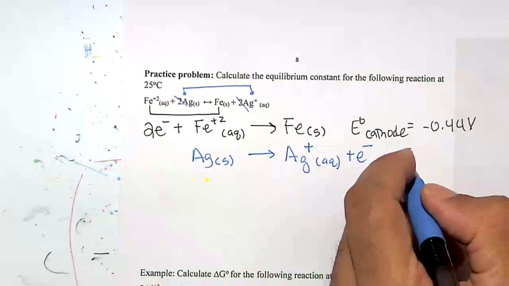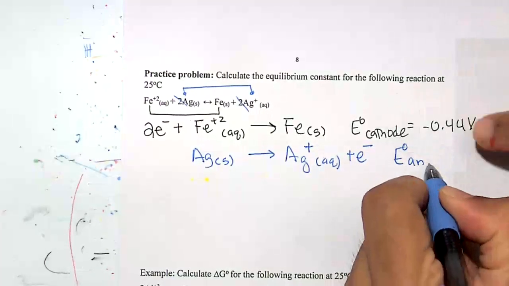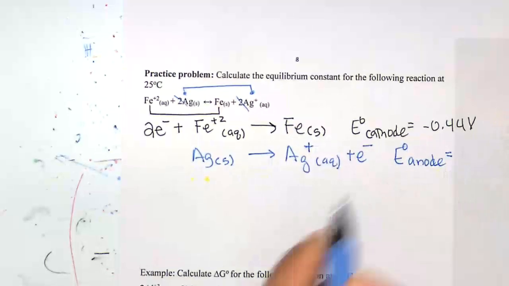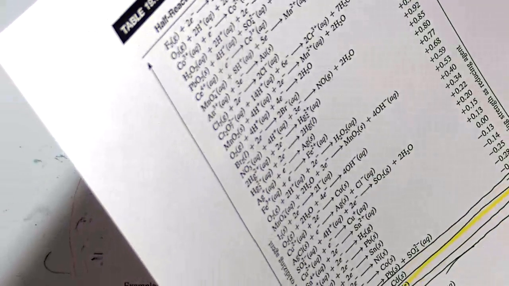Is this the cathode or the anode? Right, if this is the cathode, then this one has to be the anode. Very good. All right, let's look this up on our sheet. What voltage are we getting? Where do you see this here?